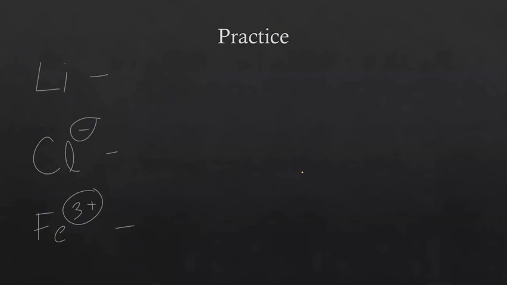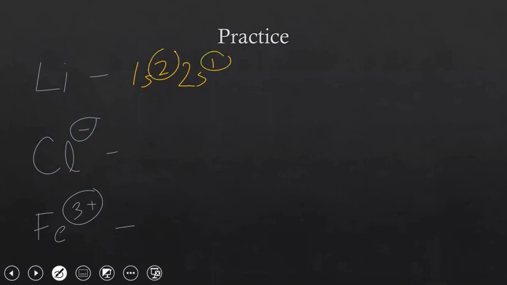And therefore, it's going to look like 1s2, 2s1. So right here, if you add up all of these electrons, that's the number you're looking for, which is 3. So it's 1s2, 2s1.